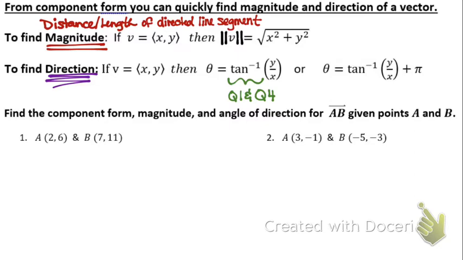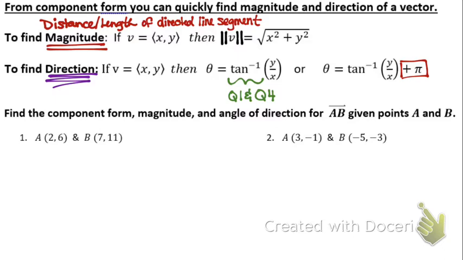Hold on just one second. Sorry. It doesn't mean that we can't find it. What it does mean is that I would have to manually add on to it to get it into the right quadrant. So that's what this other piece over here is. If it's in quads 2 or 3, I need to add pi onto it, because that's half a rotation, right?